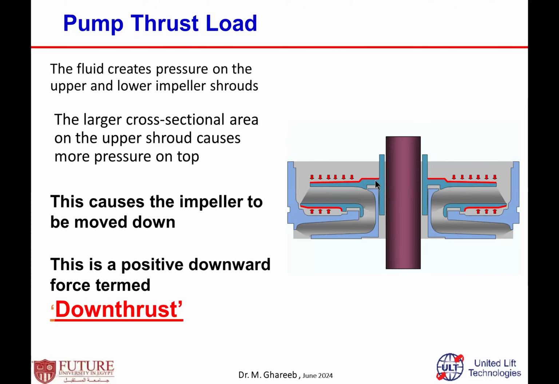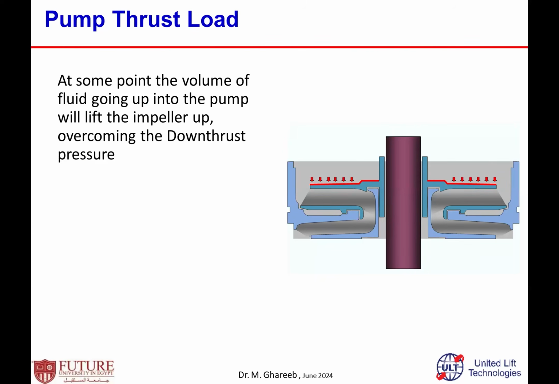Down thrust means force on the washer. This will be metal-to-metal friction between the two if the load increases. This causes the impeller to move down.